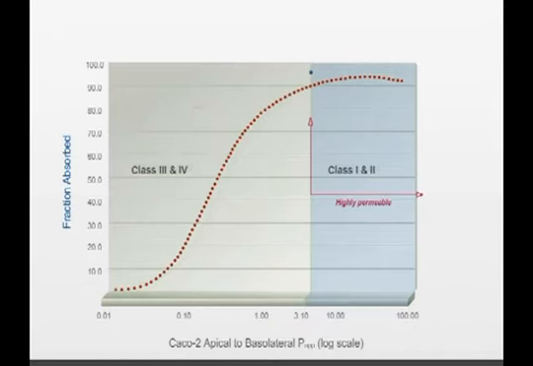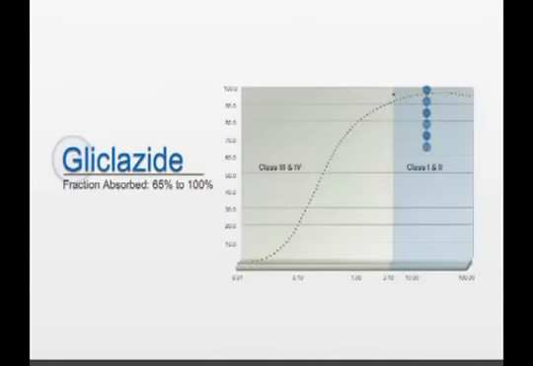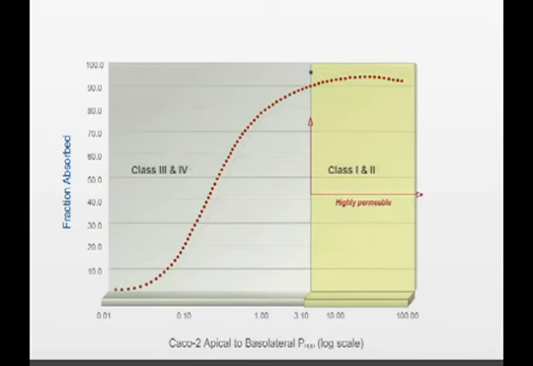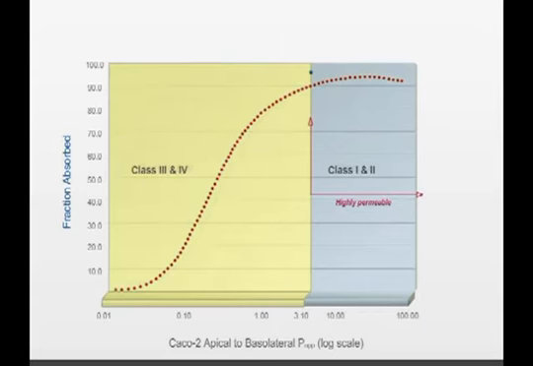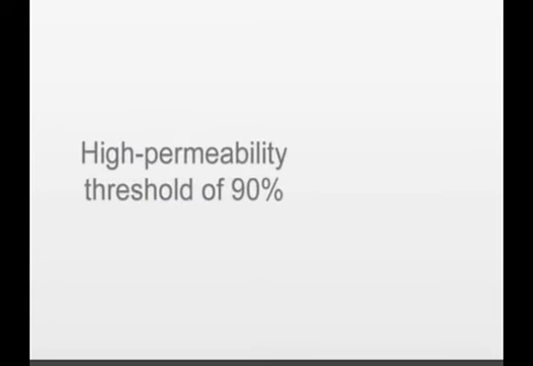For example, gliclazide is a drug that has a high in vitro P apparent value and reported values of fraction absorbed ranging from 65% to greater than 100%. In spite of this degree of uncertainty, a suitable reference standard is able to categorize an unknown API as high or low in a properly validated test system. 90% oral absorption is set as the high permeability threshold in the BCS guidance.